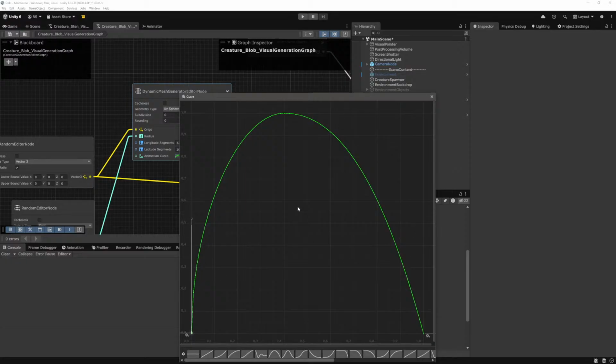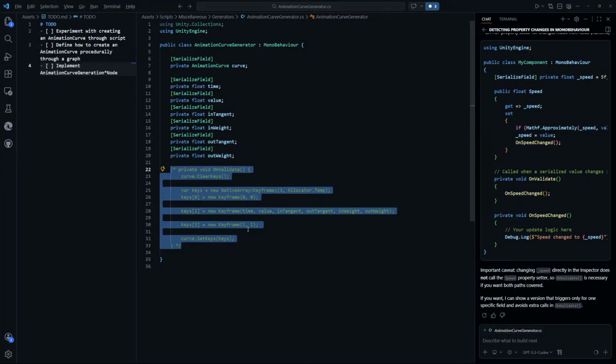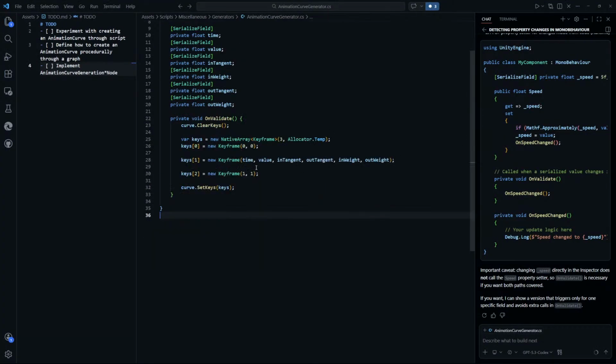So if I were to create this one by code, let's try and build this through code. I think that's a good test.